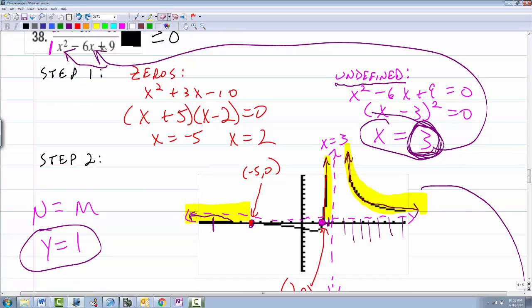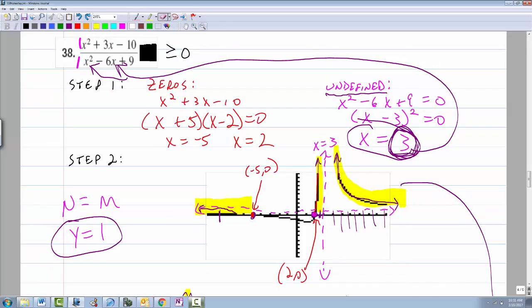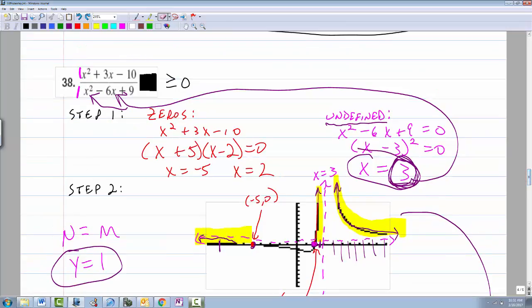Did I cover the horizontal asymptote for this? Bummer. Horizontal asymptote rule remembrance. All right, and actually I can prove this on the graphing calculator, bore the students even more. But when it's x squared over x squared, then the horizontal asymptote is y equals 1 over 1.